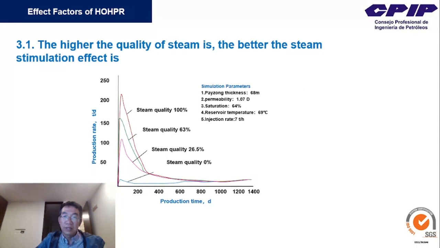These parameters are the same, and we change the steam quantity. We see that when the steam quantity is higher, the production rate is higher in the early period of the cycle. So we need to make the steam quantity higher, and we can get a good production rate.